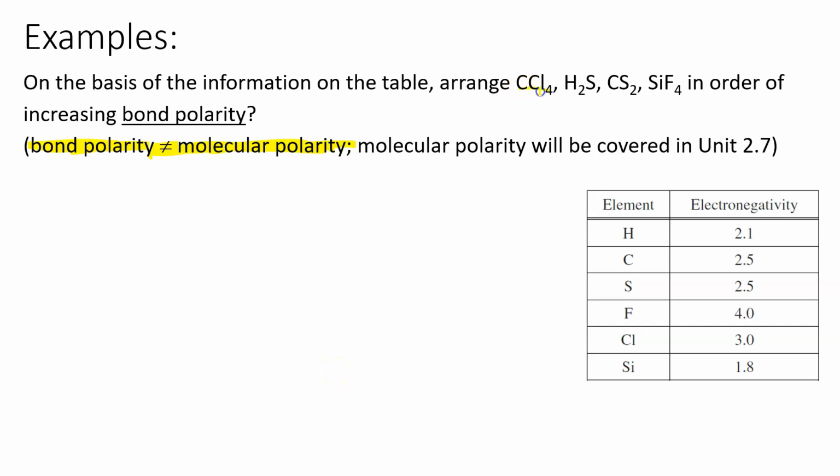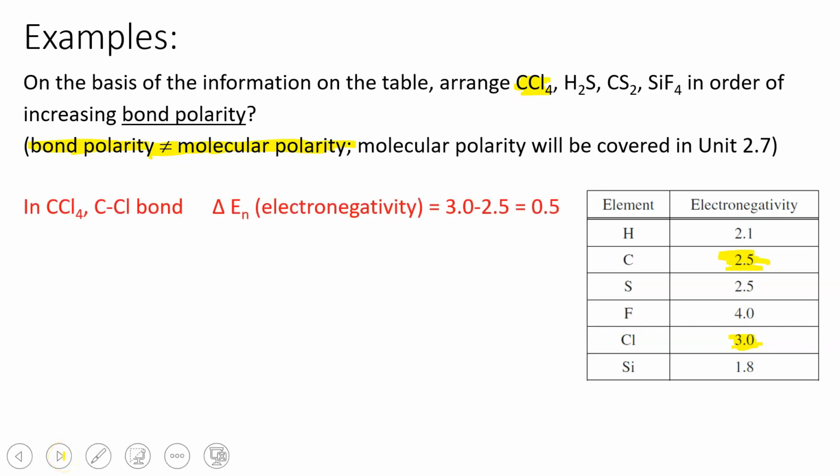So in CCl4, I just want to compare carbon and chlorine. Carbon has an electronegativity of 2.5 and chlorine has an electronegativity of 3.0. I want to know the electronegativity difference. In the C-Cl bond, the electronegativity difference is 3.0 minus 2.5, which is 0.5. In H2S, I'm going to be comparing hydrogen and sulfur.